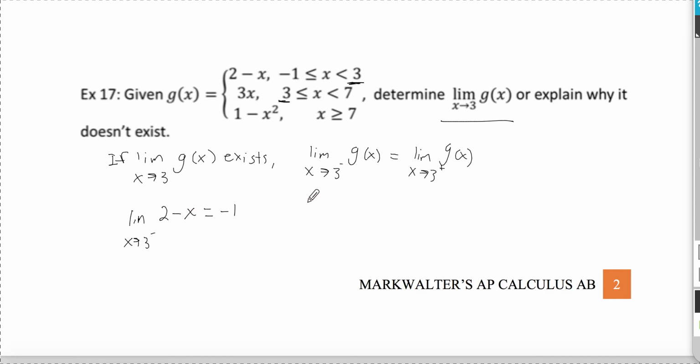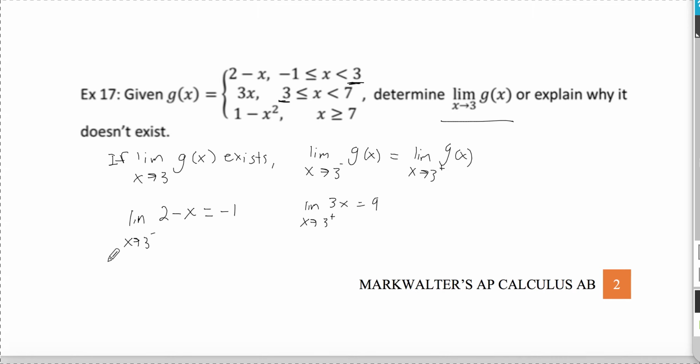And I could check the right-hand side, the limit as x approaches 3 from the right of 3x, because that's the right-hand side of 3. That's going to give me 9. And so what I just find, hey, the limit from the left and the right are not equal.